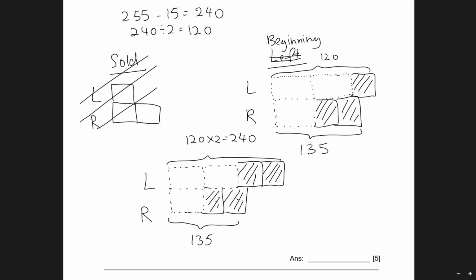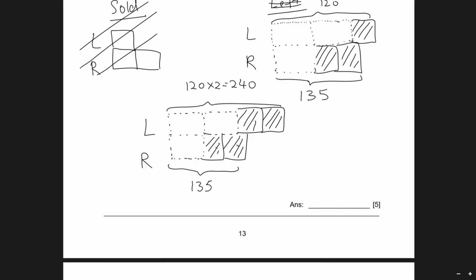Now this 1 extra empty unit is the number that's causing this to be bigger than this one. Alright, similar to the bed question, isn't it? So the extra is caused by 1 extra dotted unit, the empty unit. So I can safely say that this 1 dotted unit, I'm just going to write in English, 1 dot unit, okay, is 240 minus 135, which gives me 105.